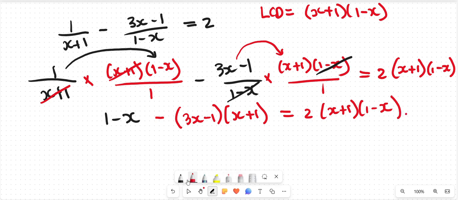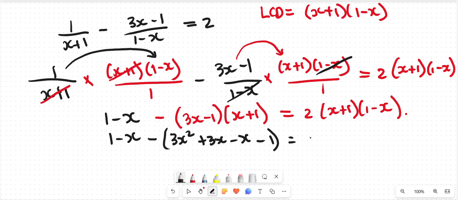So I get this expression here. There's no fractions anymore, so I just need to expand those brackets. I leave the negative outside, I expand this bracket, and I'll get 3x squared plus 3x minus x minus 1. I leave my 2 outside, I expand these two brackets, and I get an x minus an x squared plus a 1 minus an x.